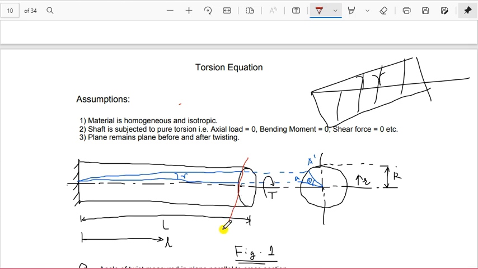In this plane, this complete deformation is occurring, and as this is very small as compared to this perimeter, so we consider this plane is parallel to this longitudinal axis. These two are parallel, right? So it will help us to derive the torsion equation.